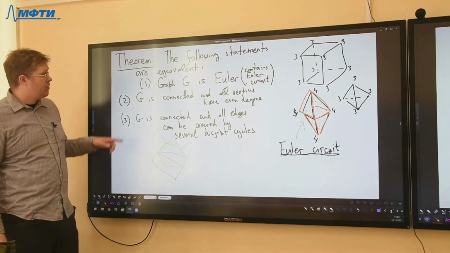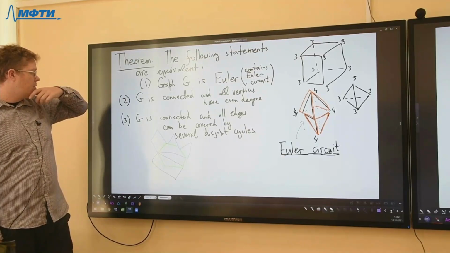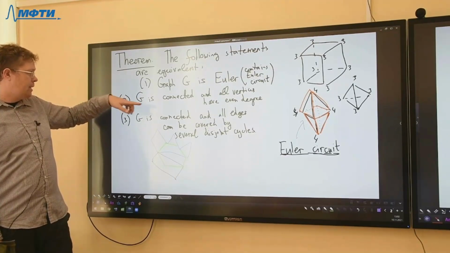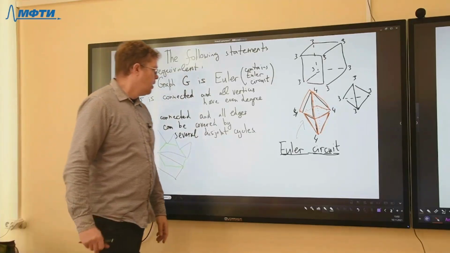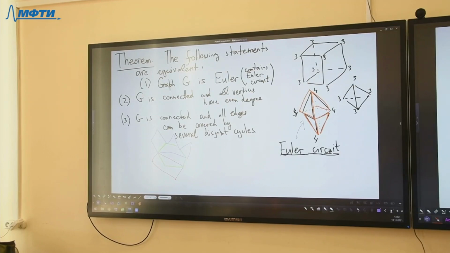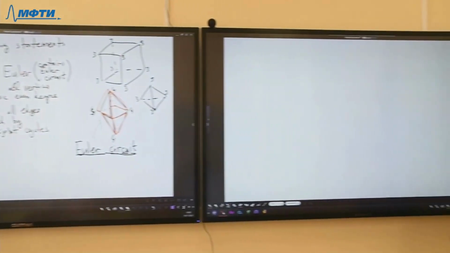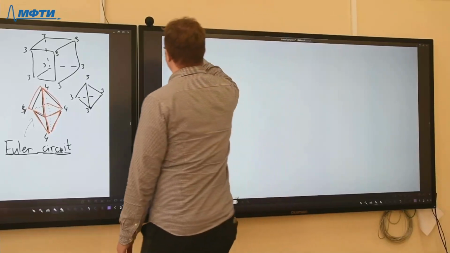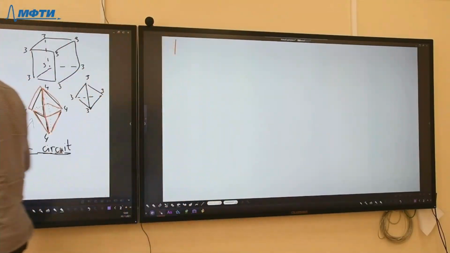So here we have the exact criterion for the graph to be Euler: that all the vertices have even degree and it is connected. And for the trail, we have another theorem. Maybe I should enumerate them.